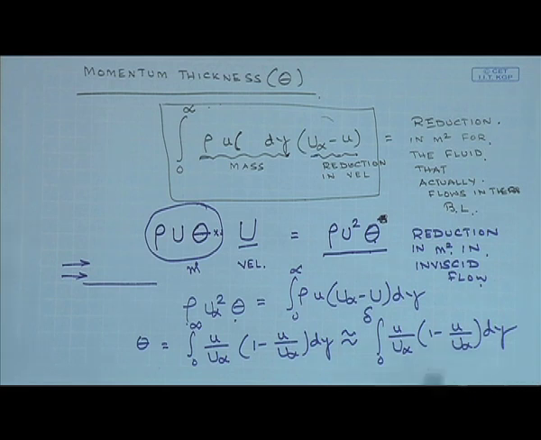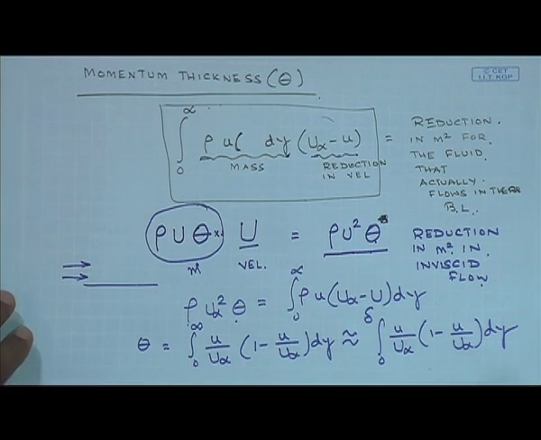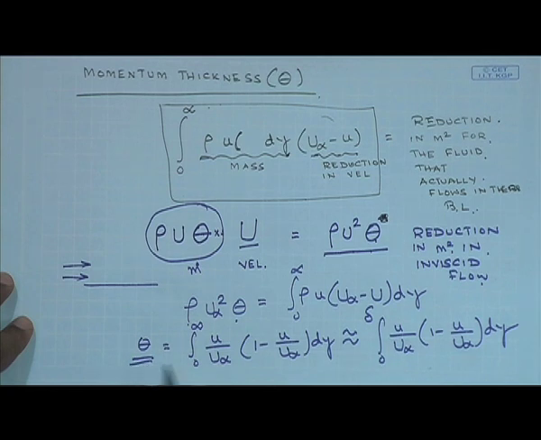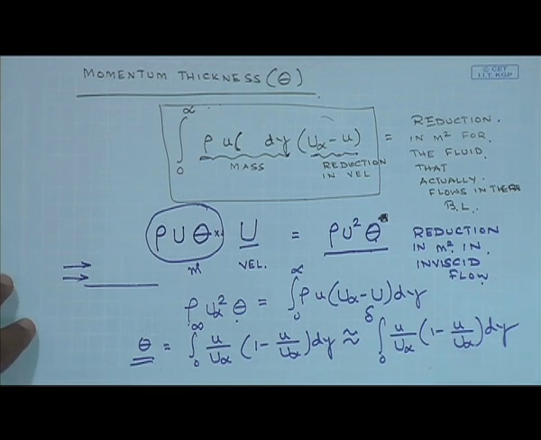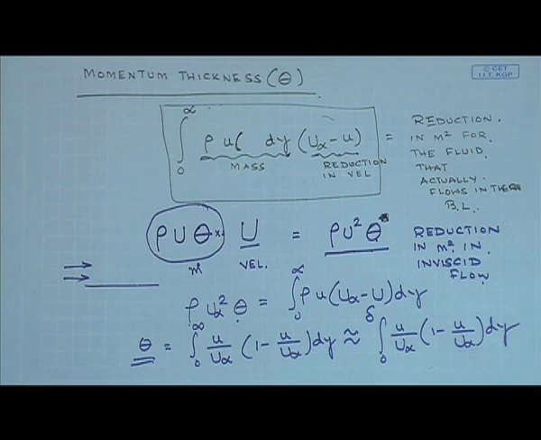So this is the definition of the momentum thickness. Momentum thickness, as in the case of displacement thickness, is also an integral thickness, and the integrand vanishes in the free stream. So momentum thickness will also be able to avoid the errors associated with the normal boundary layer thickness if we use either the momentum thickness or the displacement thickness.